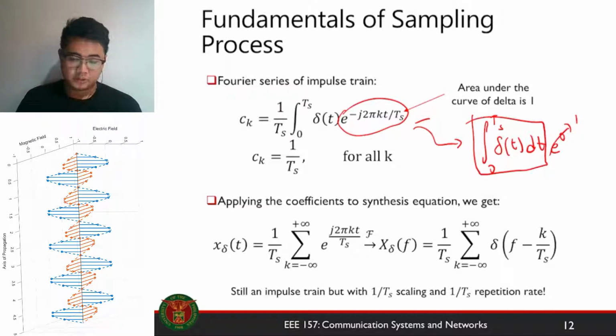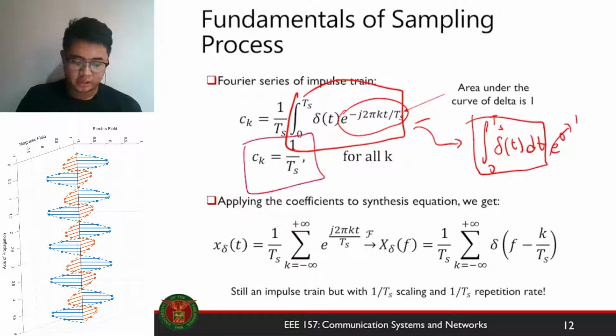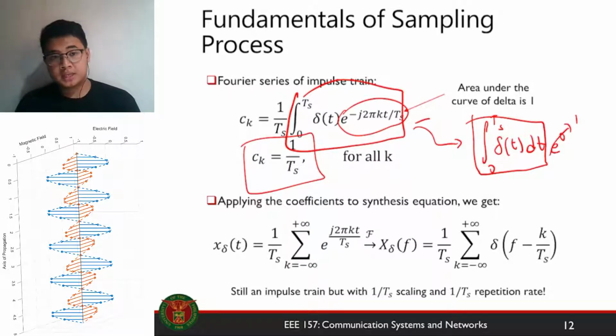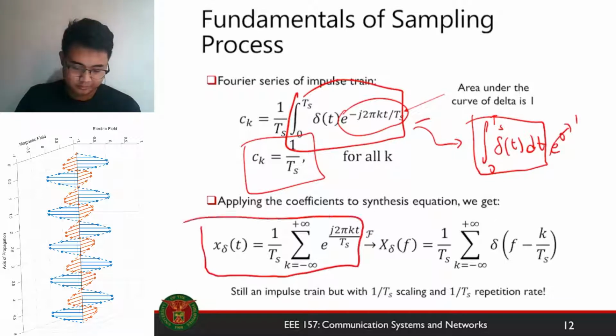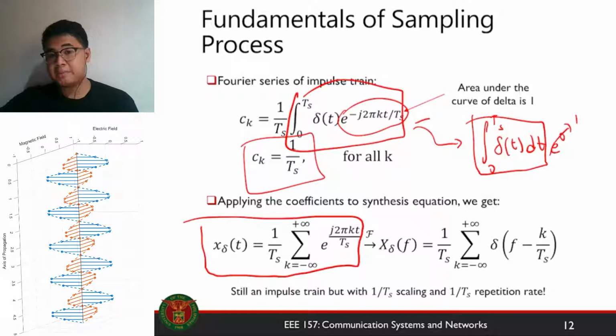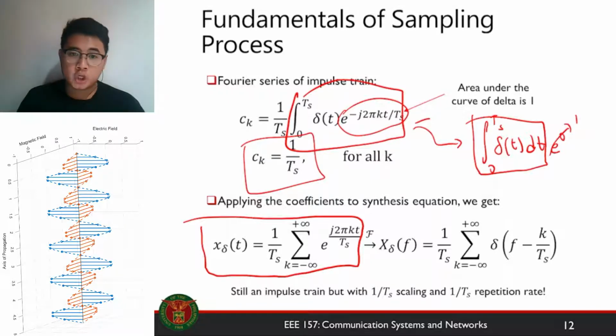Okay? So since all of this is equal to 1, then your Fourier coefficient is 1 over ts for all k. So you have a constant Fourier coefficient for your impulse train, and you apply that to your synthesis equation right here. So your impulse train can be expressed as a summation of e to the j 2 pi kt divided by ts by definition of your synthesis equation. Okay?